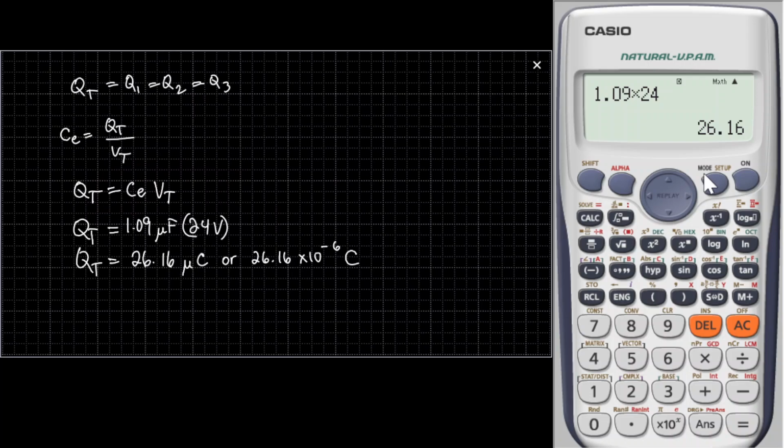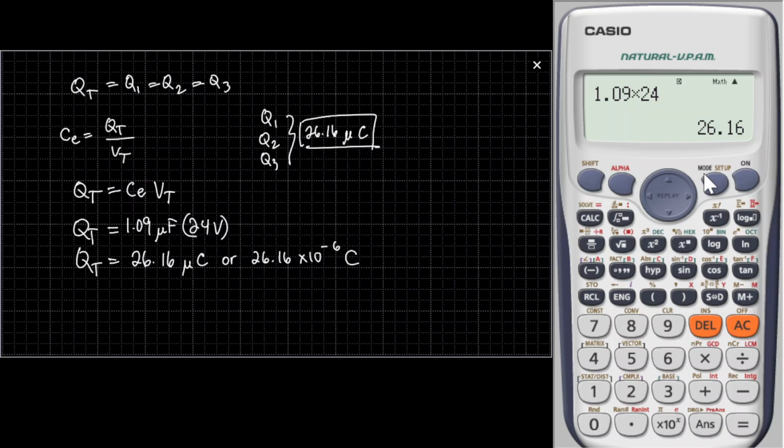Okay, so that is the total charge. And therefore, you can say that Q1, Q2, Q3 are the same, 26.16 microcoulomb. Okay, so that's how we answer this type of problem.